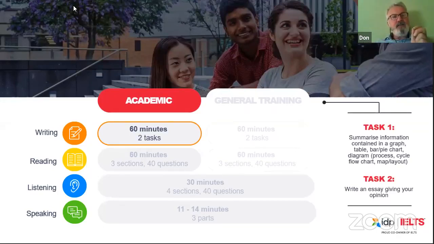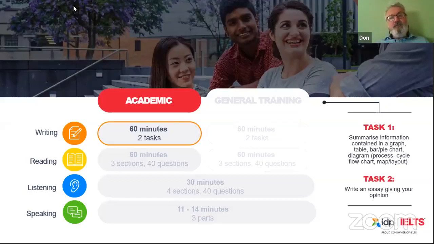And your task is to describe that graph, those figures, that diagram in words. You only have to describe it. That is task one in the academic test. We're going to look at a good example of that later on. So just wait for that.